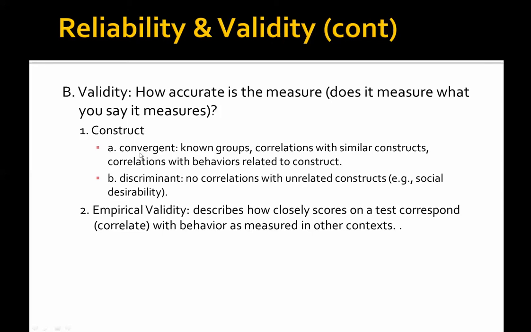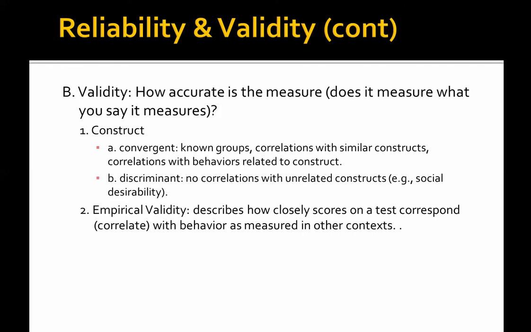We can look at construct validity in two different ways: convergent evidence or discriminant evidence. Most likely you'll see convergent evidence. An example might be using known groups. Let's say it was a scale on empathy. Groups that we would expect to score high on empathy are therapists or social workers.